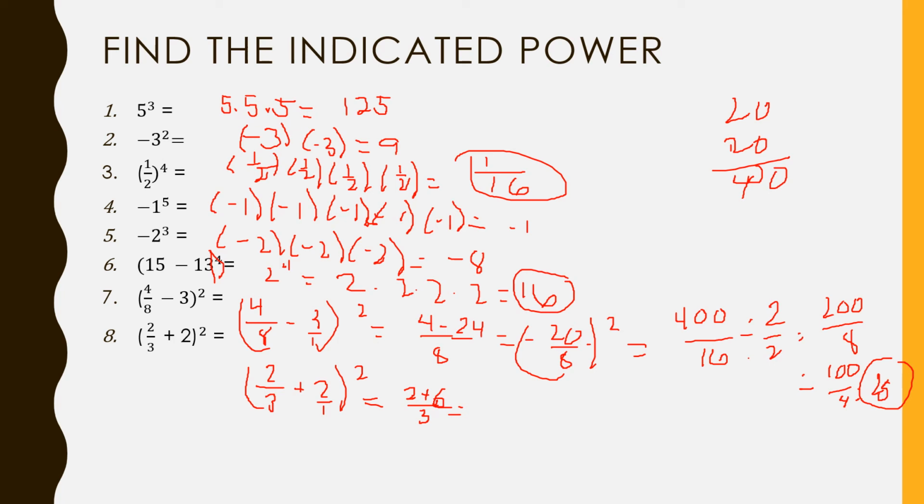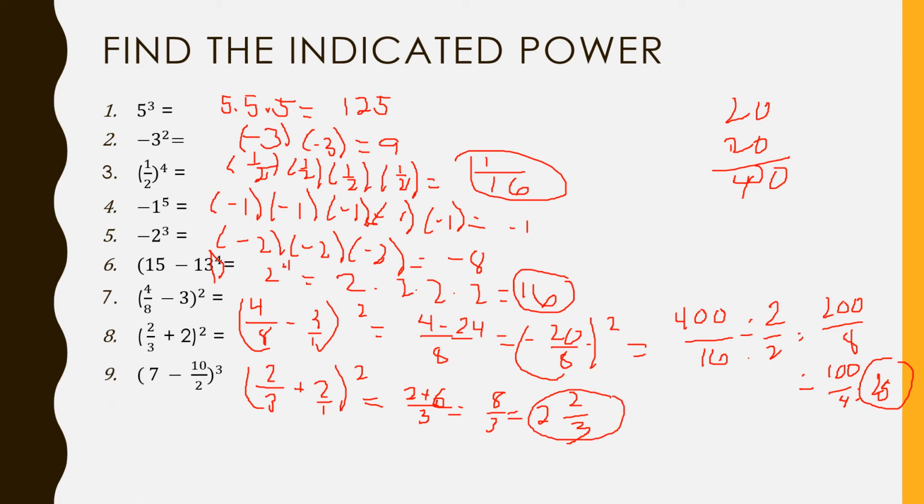Then 2 plus 6 equals 8 over 3, or 2 and 2/3. Why 2 and 2/3? 8 divided by 3 is 2, since 6 only. And then 8 minus 6 equals 2.